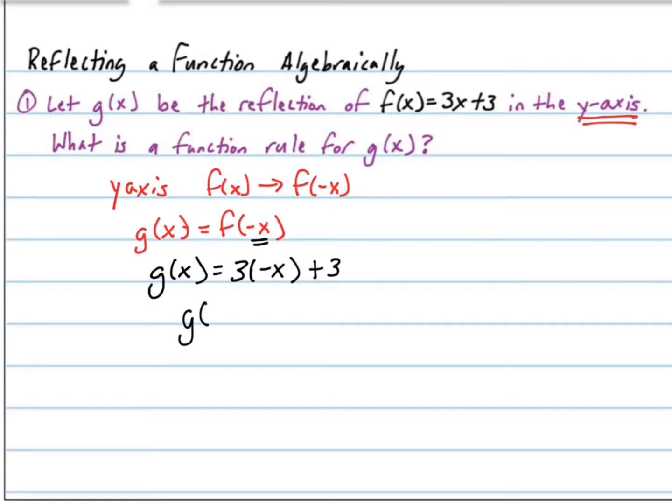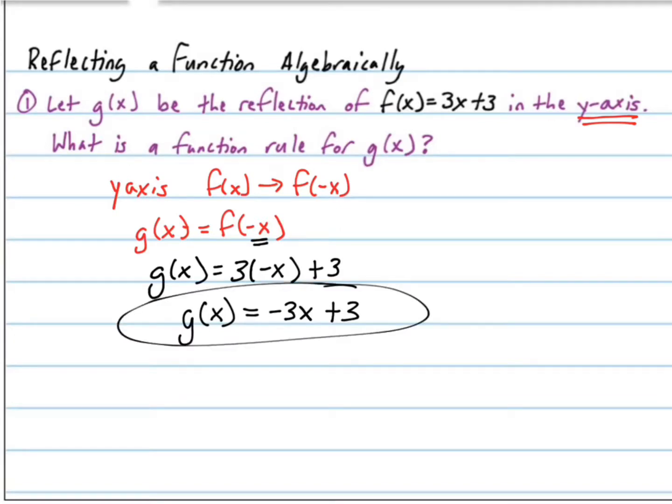So the function g of x is just negative 3x plus 3 when we simplify it. You could graph this and take a look at both of the equations, the original one and our new one, and you should see they are a reflection of one another.